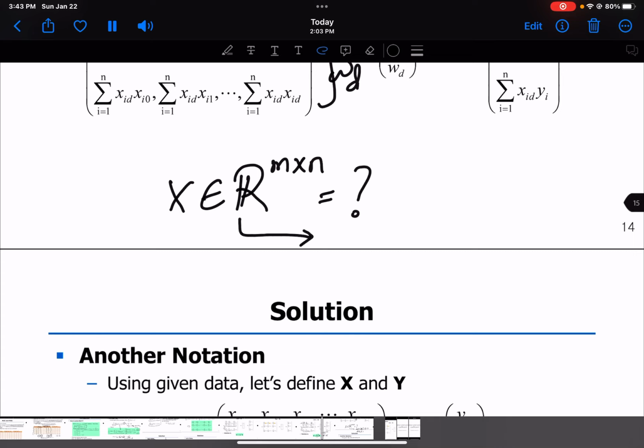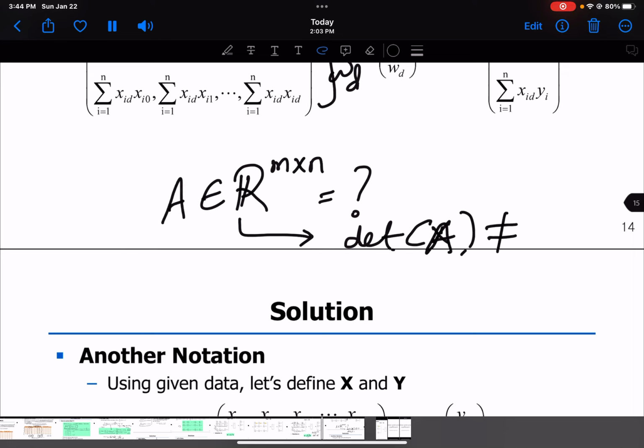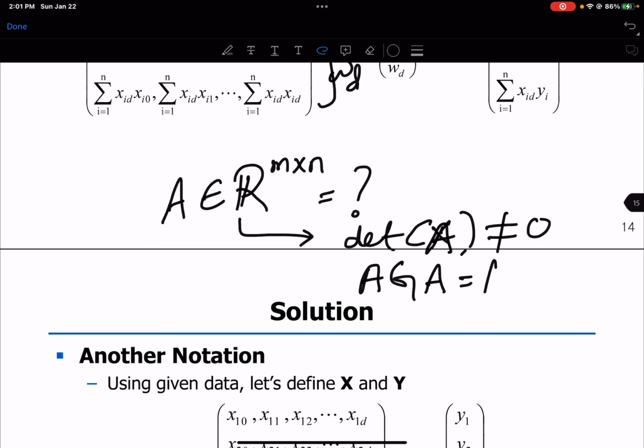The generalized inverse can be found for all types of matrices, provided that the determinant of this matrix A should not be equal to 0, and the other condition is that AGA should be equal to A. So now our G is the generalized inverse of this matrix A.